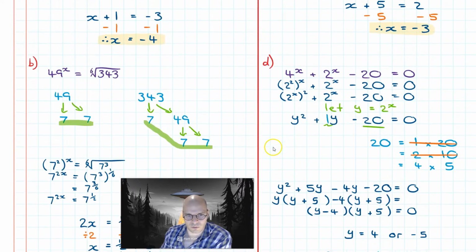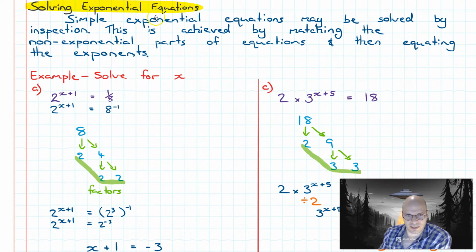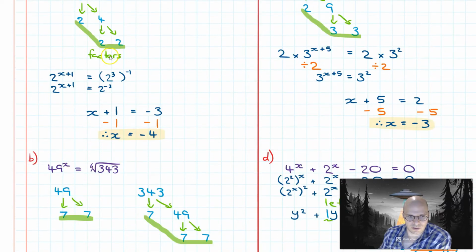So in summary, what we had a look at in this lesson was how we can solve for unknowns in exponential equations where the unknown is in the exponent. First example we looked at is where we don't have to modify the left and we just match the right to the left.